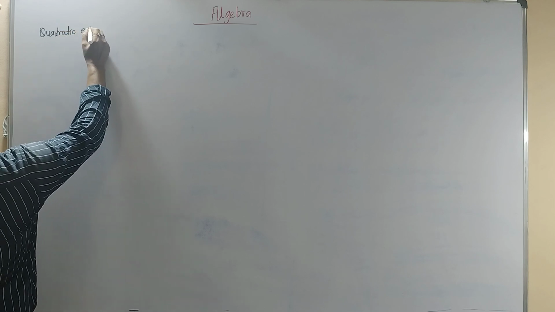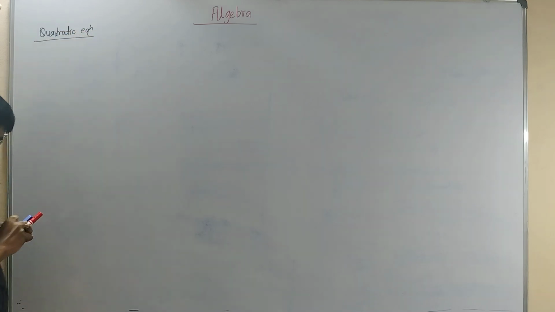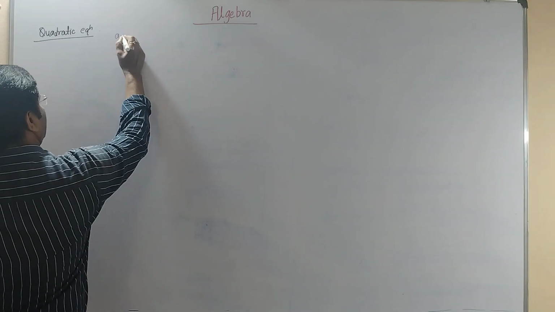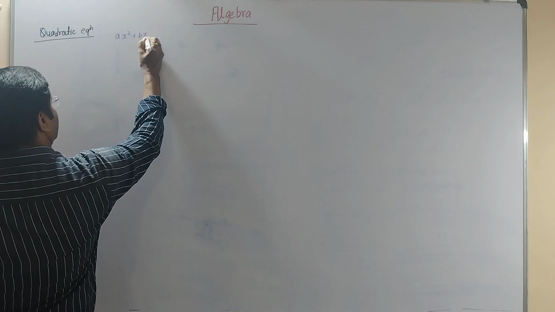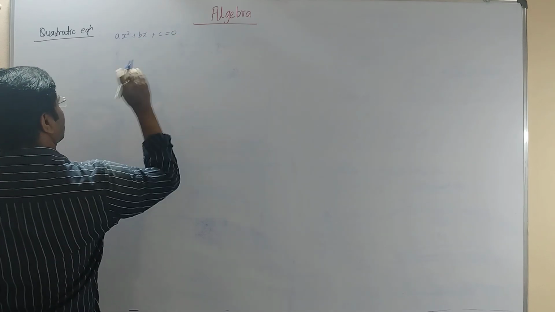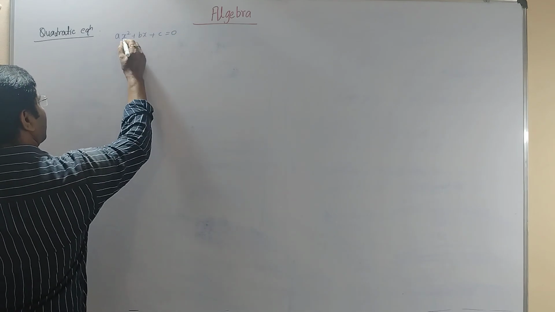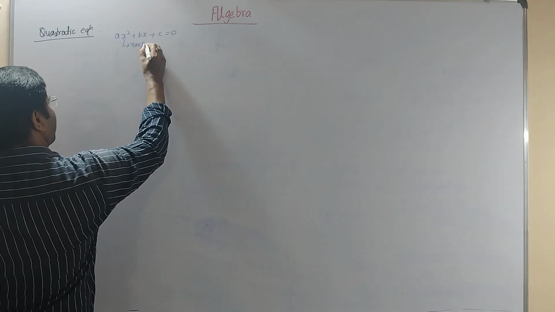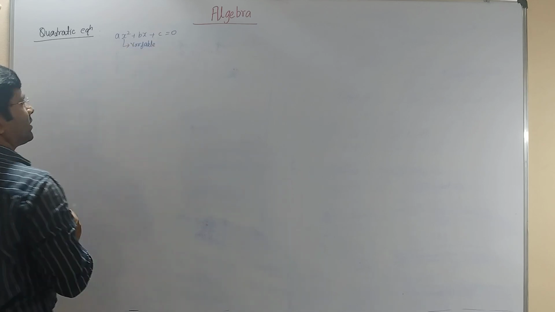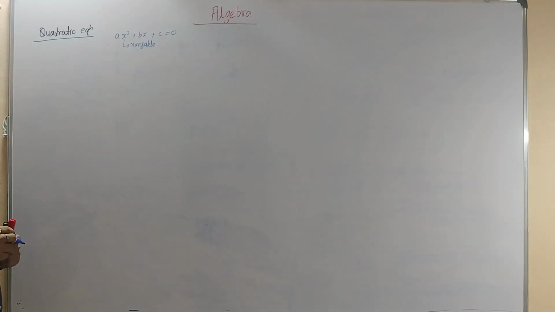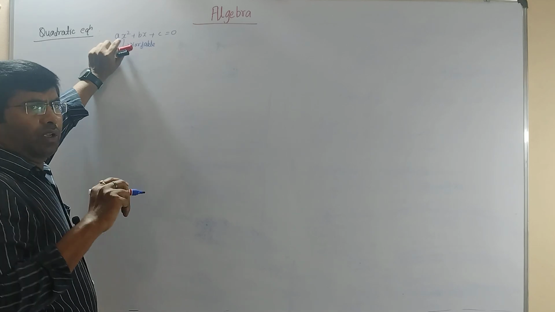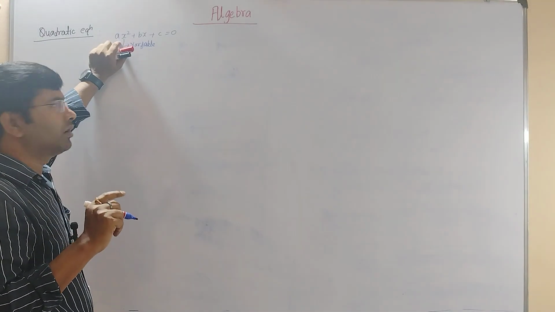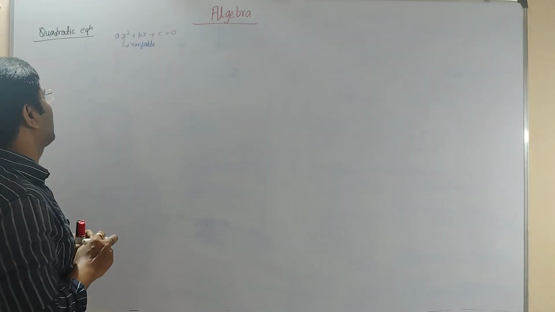Quadratic equation. Any equation in this form, ax square plus bx plus c equal to 0, where x is a variable, is known as a quadratic equation. That means one variable with power 2. If in any equation the highest power of the variable is 2, this kind of equation is known as a quadratic equation.